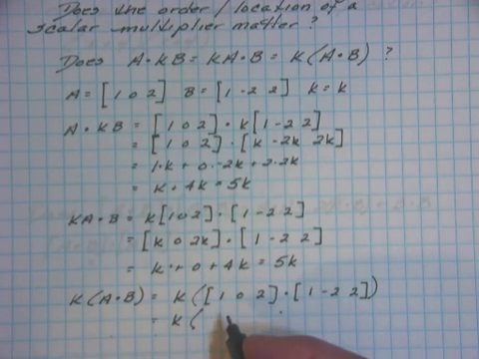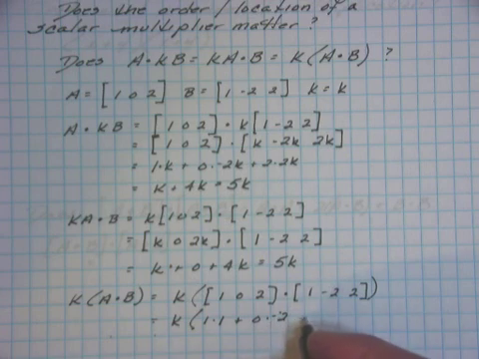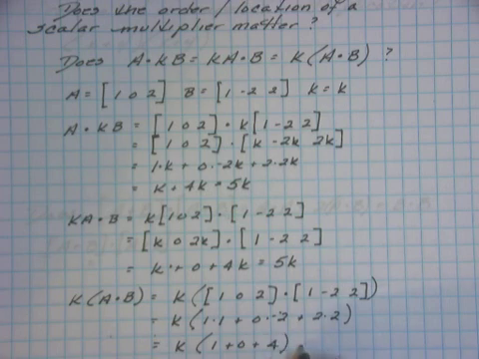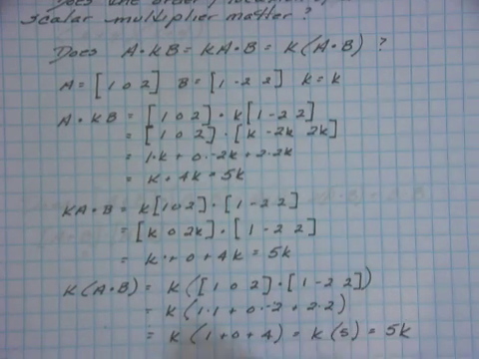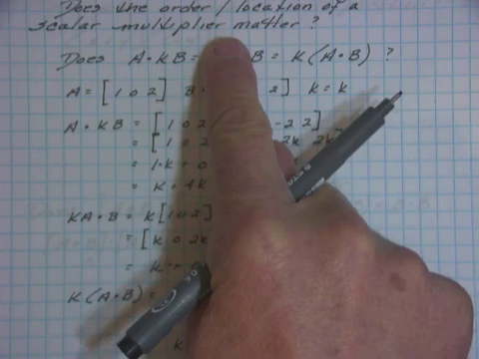So that is k outside of 1 times 1 plus 0 times negative 2 plus 2 times 2. So that's k times 1 plus 0 plus 4, which equals k times 5, which equals 5k.